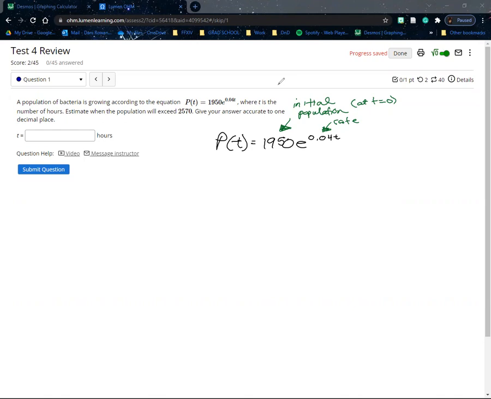T. Yes, absolutely. We are solving for t. And the reason we're solving for t is because we want to know when. So since we want to know when, this t gets left alone and this gets plugged in for P of t.